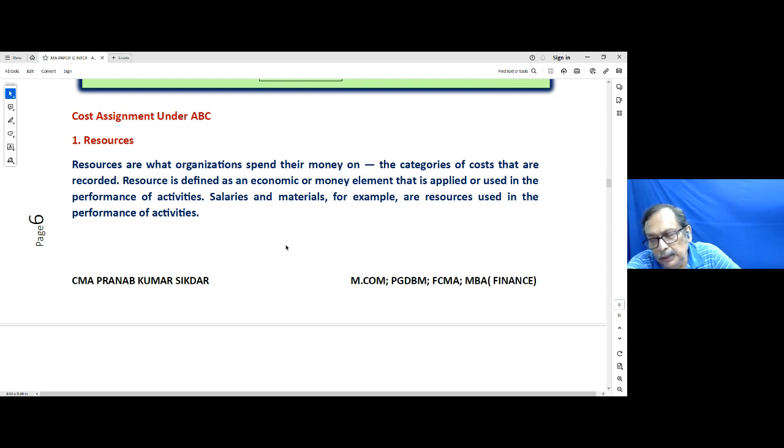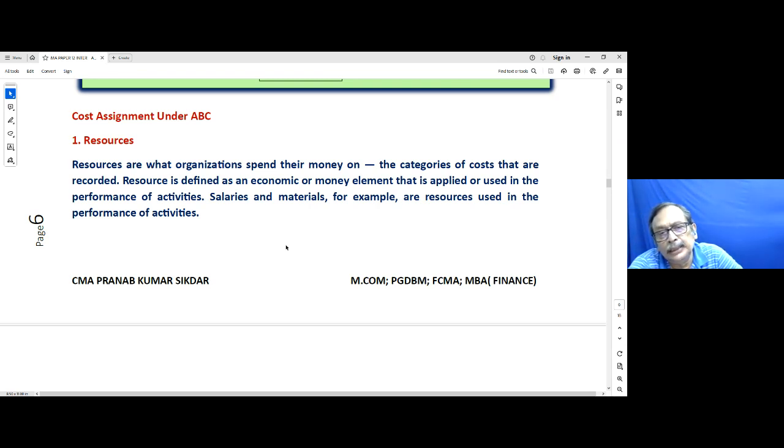First, you may think, what is the meaning of resources? Resources are what organizations spend their money on, the categories of cost that are recorded. A resource is defined as an economic or money element that is applied or used in the performance of activities.